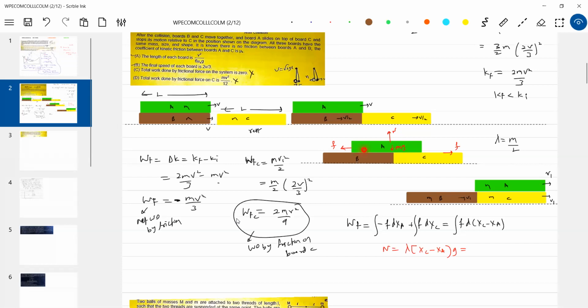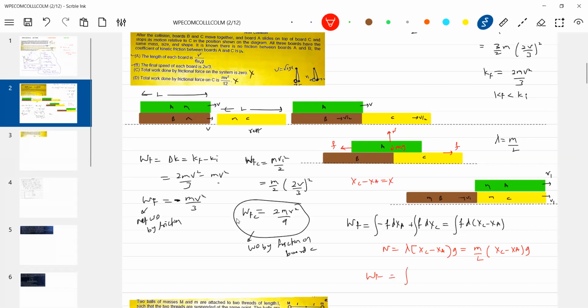Some part of A will be there on B and part of the length of board A will be there on C, so XC minus XA is what we'll write here. Lambda is M by L. This XC minus XA, let me call it some x. It will be easy for us to analyze things mathematically.